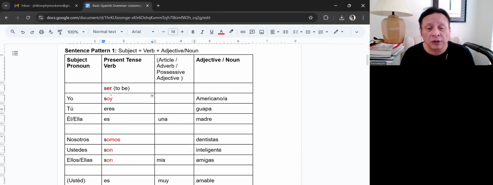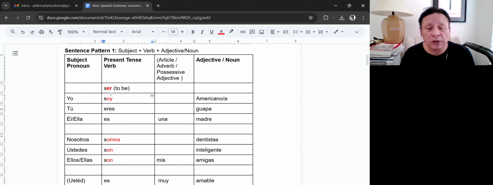Guapo has to be O for males and guapa for females, and plural for many males, guapos, and plural for many females, which could be just two, guapas. But ustedes son inteligente is just intelligent for singular and plural and for masculine or feminine. So it's just a one. It doesn't have any variance, right? It's just inteligente always, which is beautiful. I wish the whole language were like that, right? Okay, so inteligente.